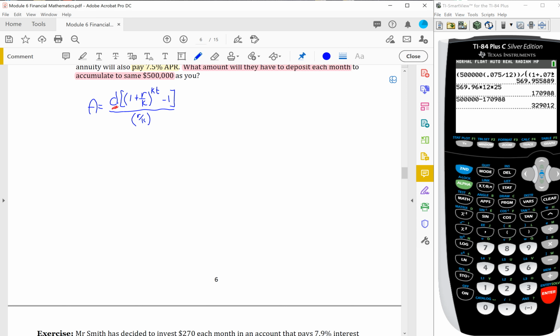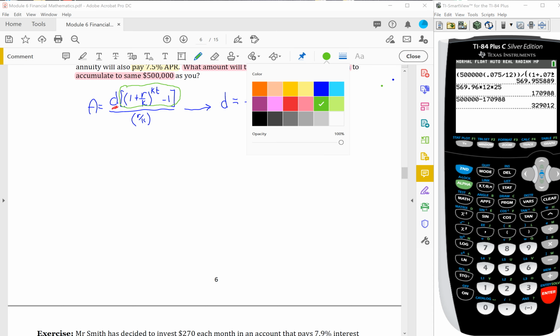If you're going to solve for D, the first thing you're going to have to do is multiply it to get the R over K onto this left-hand side. And then you're going to divide by this bracketed expression. So D. If you multiply to get the R over K on the left, you'll have A times the R over K. Then you're going to have to divide by this bracketed expression to get D by itself.